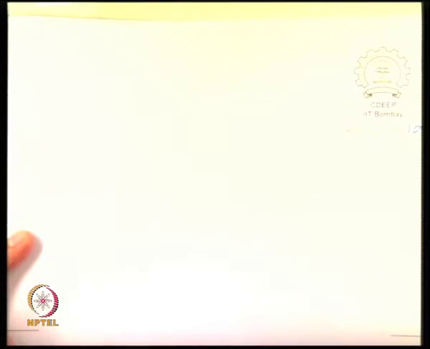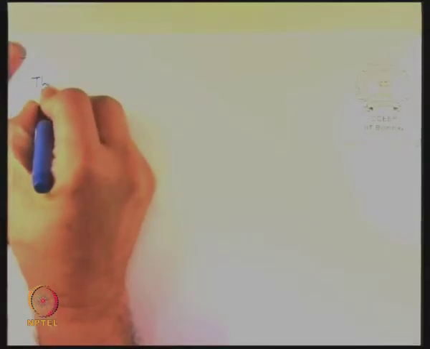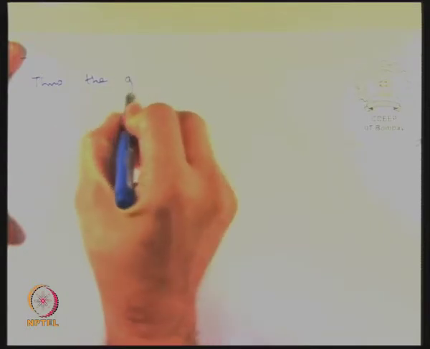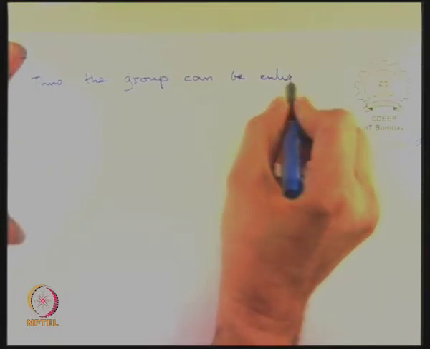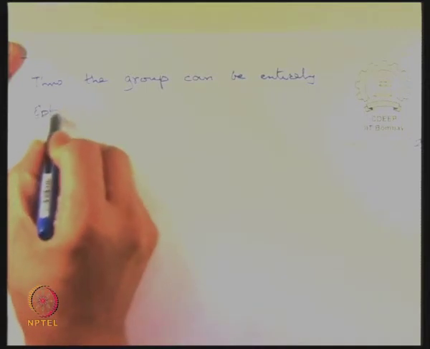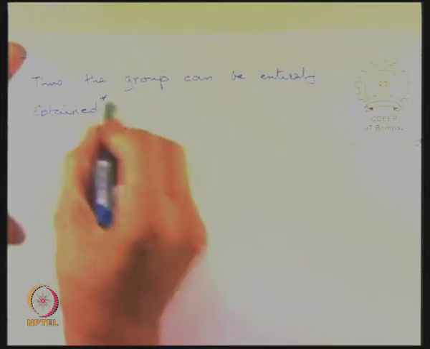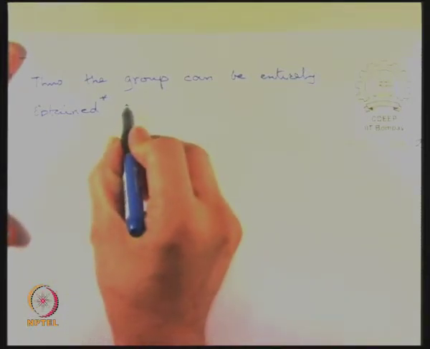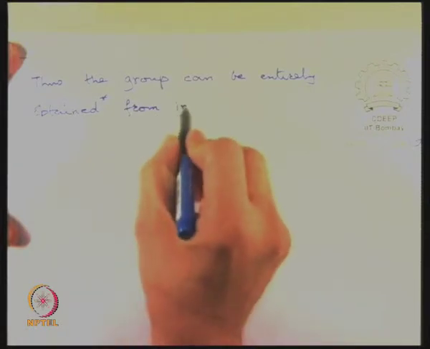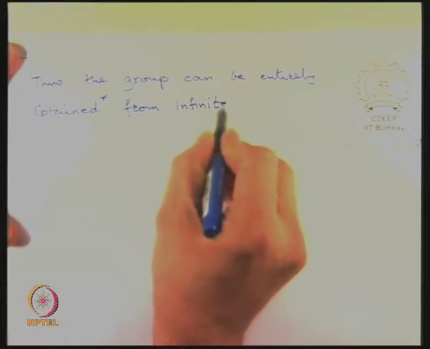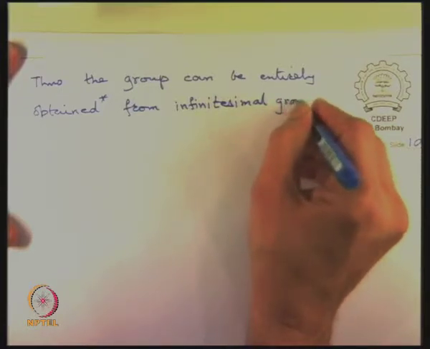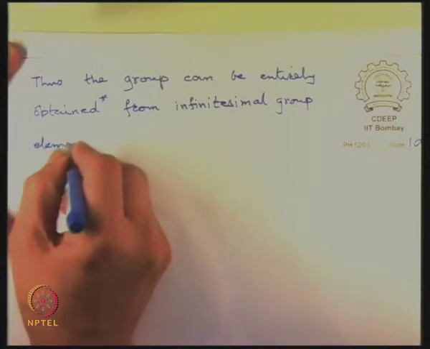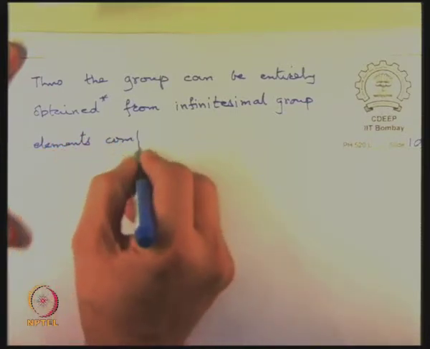So what we have concluded is quite a deep result, which is that, well, I didn't quite prove this yet, so I'll put a star on it, the group can be entirely obtained from infinitesimal group elements compounded by group multiplication.